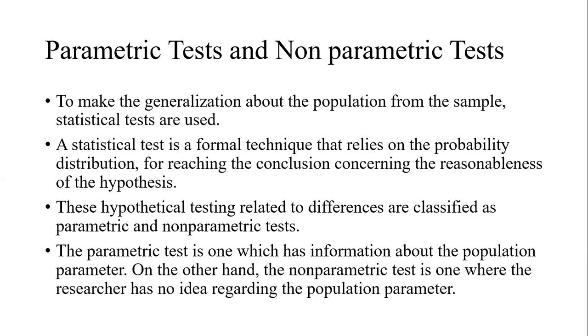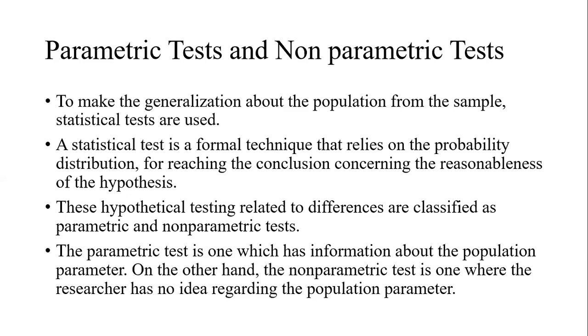Once again we can divide it this way, parametric and non-parametric. Statistical testing is a formal technique that relies on probability distribution for reaching a conclusion concerning the reasonableness of a hypothesis. Normally, inferential tests should have a normal distribution, right?